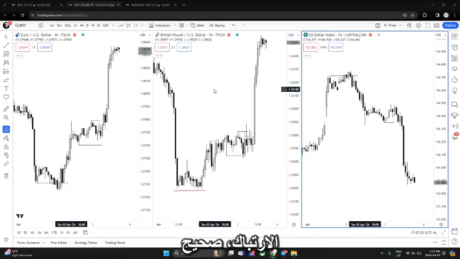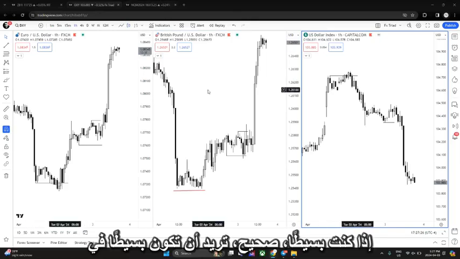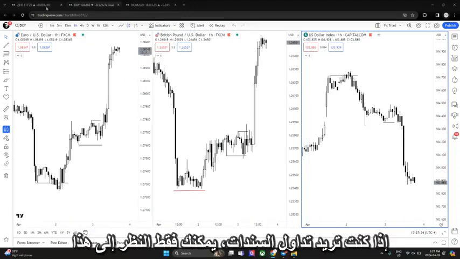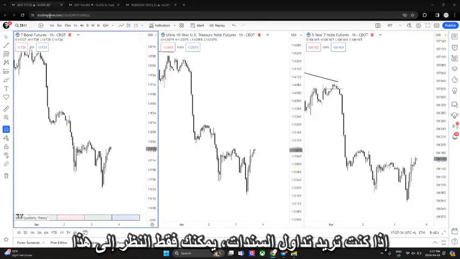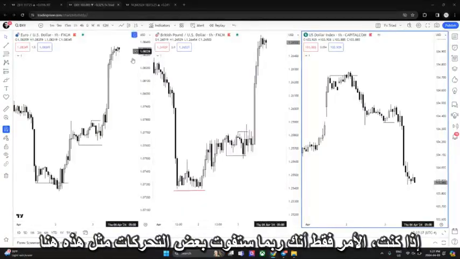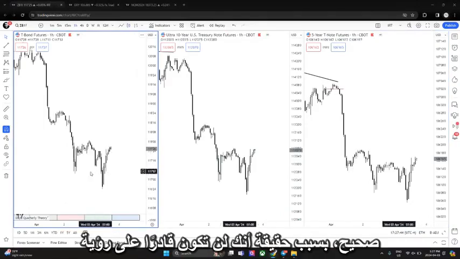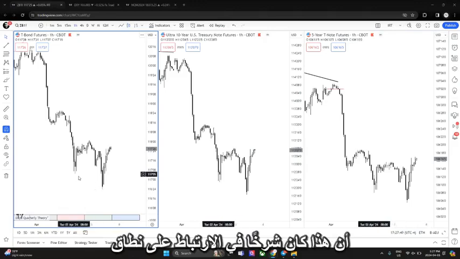If you want to be simplistic in your analysis, you do not need to be looking at everything. If you want to trade bonds, you can just look at this. It's just that you would probably miss certain moves, like for example, this right here, due to the fact that you would not be able to see that this was a crack in correlation on a broader spectrum.